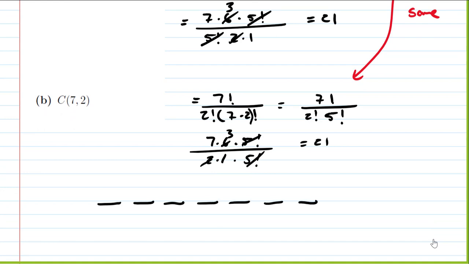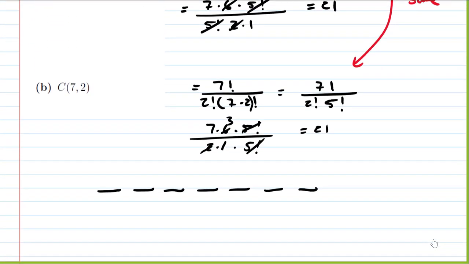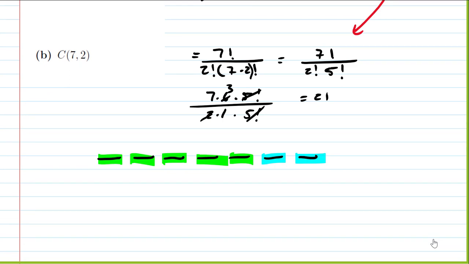So we have our 7 things, and in the first one we're asked, how many ways can we pick a subset of 5? And in the second one we're asked, how many ways can we pick subsets of size 2? Why would those yield the same values? If I'm picking a subset of size 2, I'm not picking 7 minus 2.